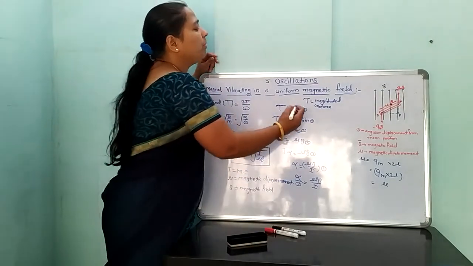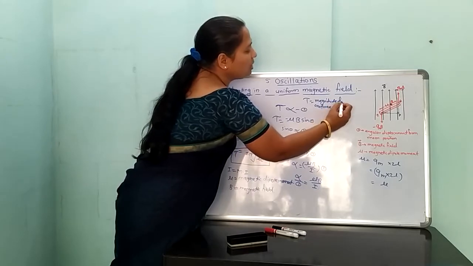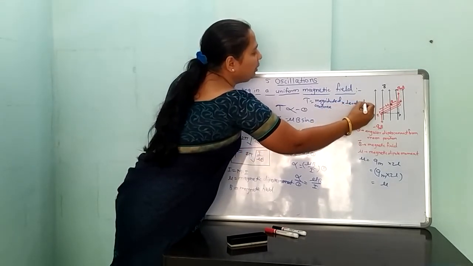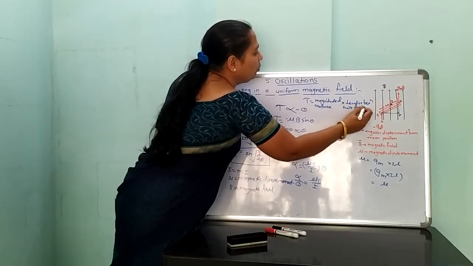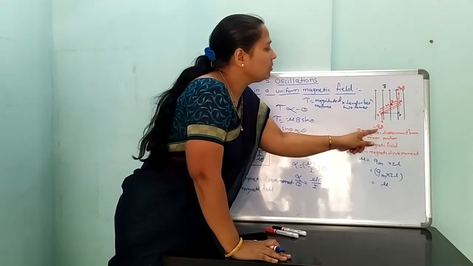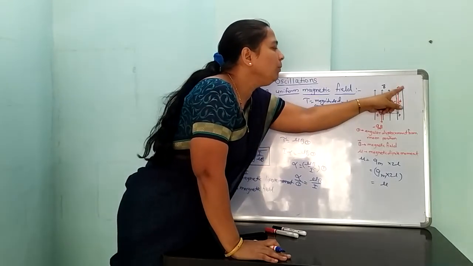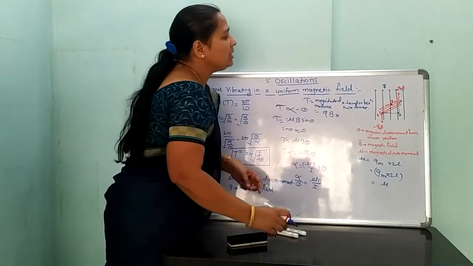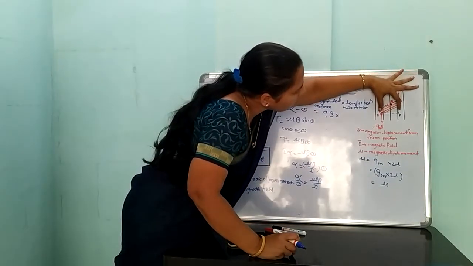Hence, by the definition of torque, torque is equal to the magnitude of one of the forces multiplied by the perpendicular distance between the two forces. Here we consider the magnitude of the force as qB, into the perpendicular distance between these two forces. The perpendicular distance is SP.